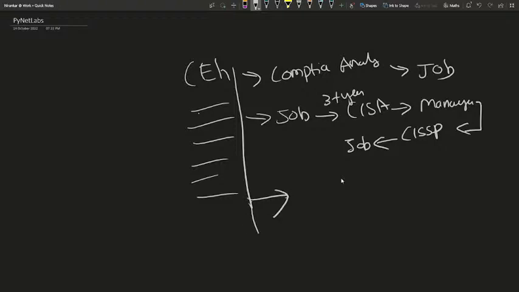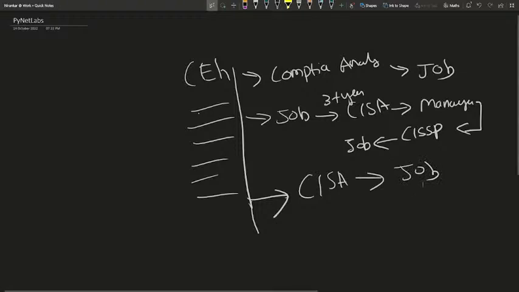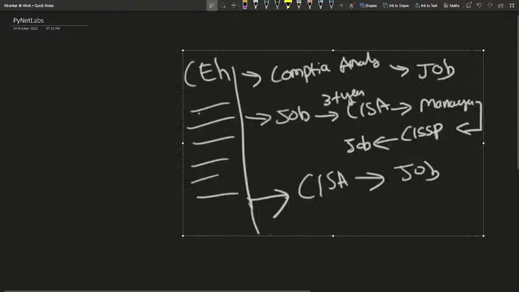Now if you want to become a manager or IT auditor, you can go with CEH. After CEH you can apply for CISA after having experience, and after getting the degree you can apply for the job. These are some of the basic understanding and roadmap of how you can do it.